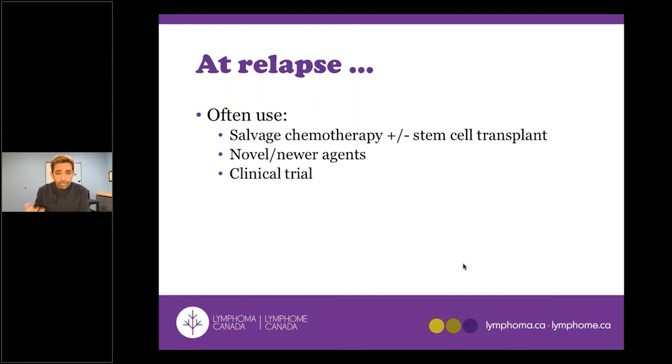So these are, again, different chemo agents. And if they did not get a transplant, then we consider taking them to transplant at that point. And if they are not candidates for salvage chemotherapy, then we use novel or newer agents. And we also look to see if we have clinical trials available for which we can enroll our patients.